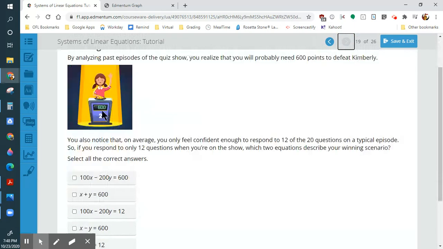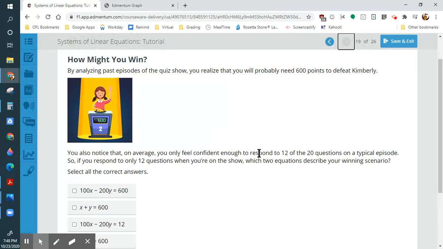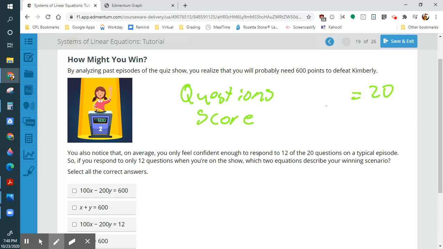All right, so now we're going to figure out our equations. There has to be an equation for questions, and there has to be another one for score. We know that she answered 20 questions, so it's going to be x, the number she got right, plus this.